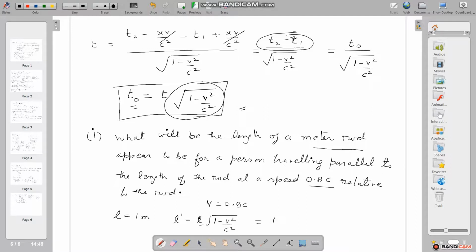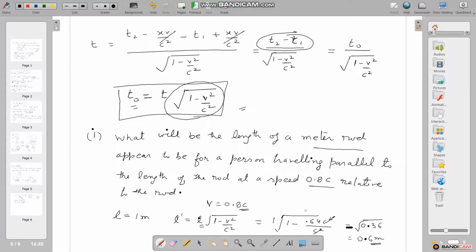L is 1 meter, under root 1 minus 0.64 c square upon c square. C square cancels out and it becomes under root 1 minus 0.64, which is 0.36, under root 0.36, or we can say 0.6 meter.